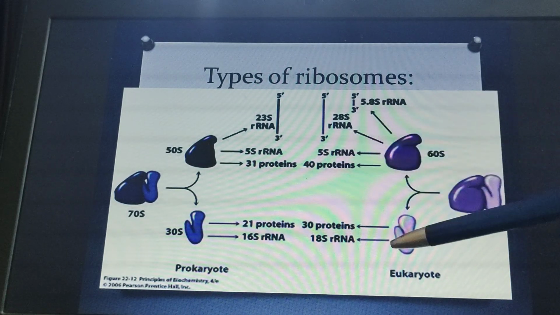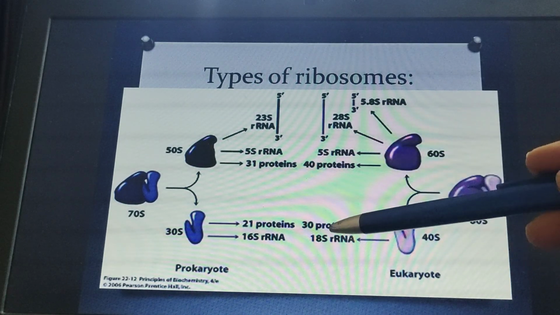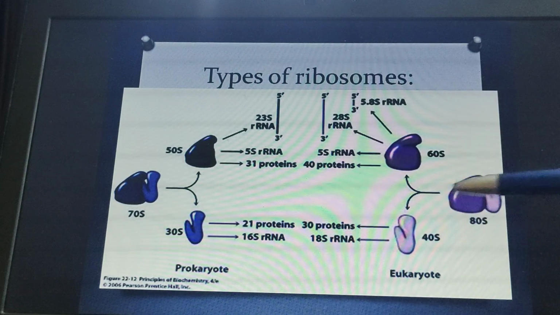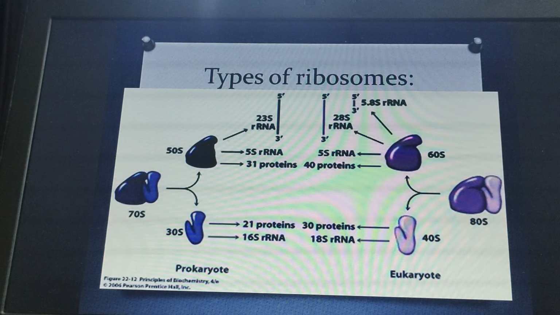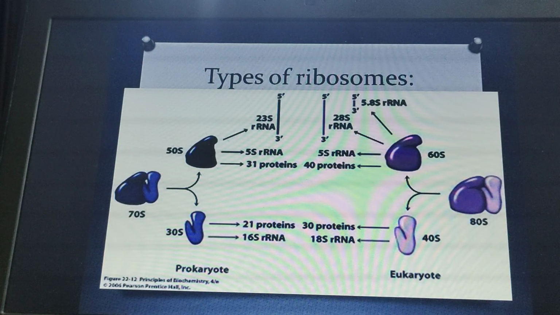Whereas 30 proteins and 18S rRNA combine to make the 40S subunit of the eukaryotic ribosome. These two subunits join together at the time of protein synthesis.